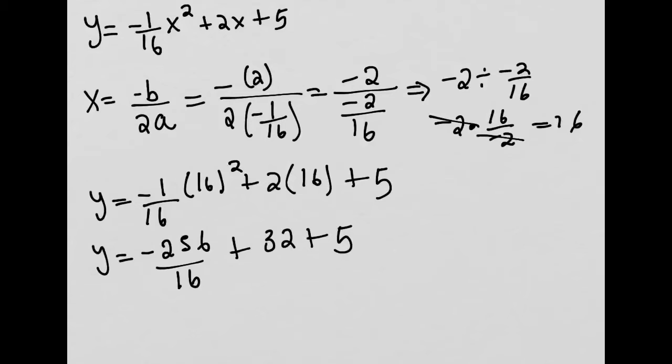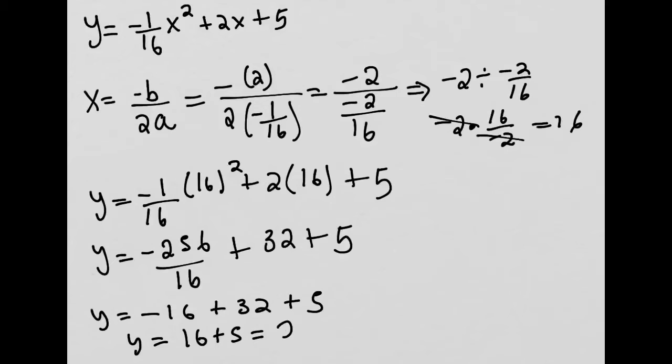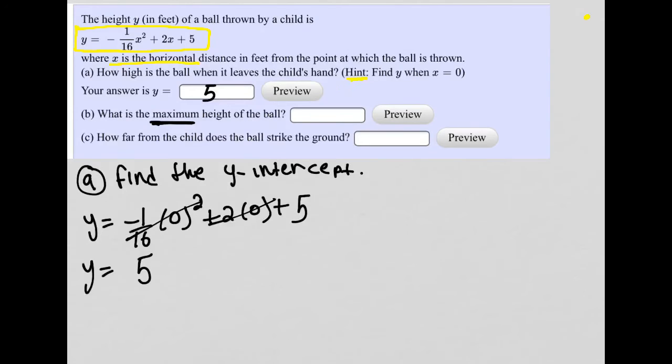Does 256 divide by 16? I believe so, and that gives you 16. So I have negative 16 plus 32 plus 5. Negative 16 plus 32 is 16, plus 5 gives you 21. So the vertex is 16, 21. I'm going to go ahead and put that here.